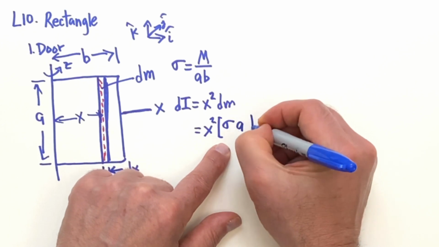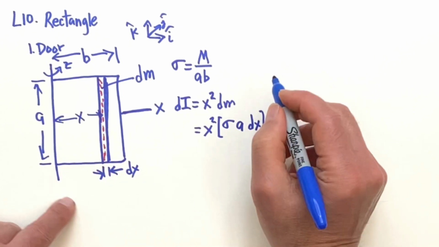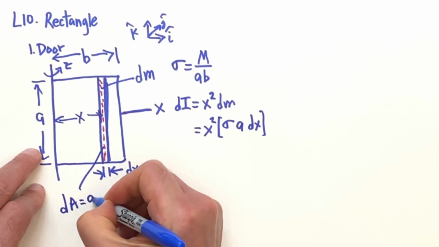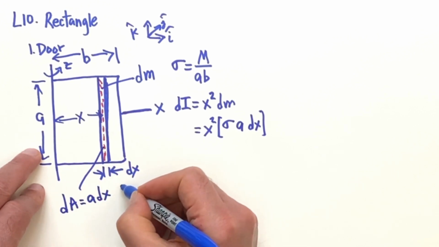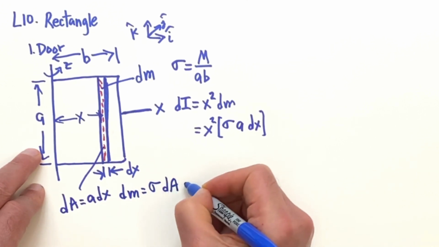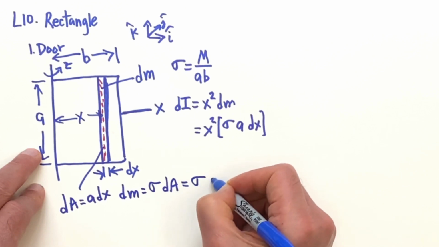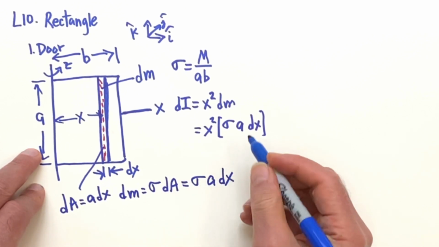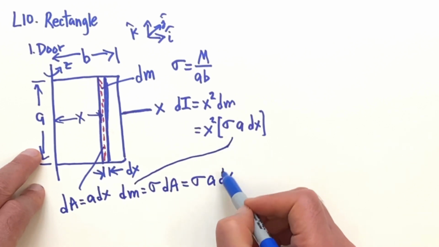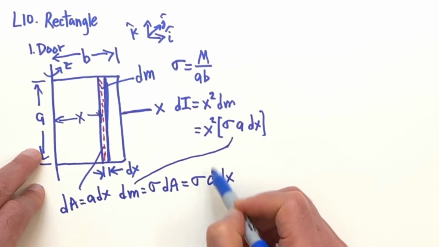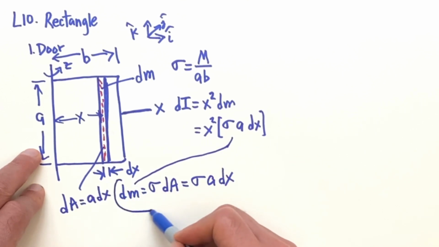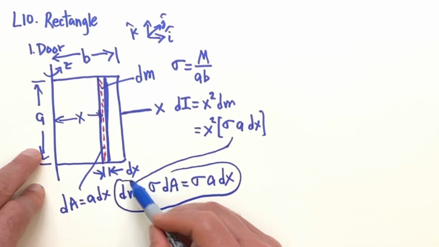So you can write that down as dA is little a times dx, and that dm is sigma times the differential area, and the differential area is A times dx. And that is what's going up in here. This is your dm.